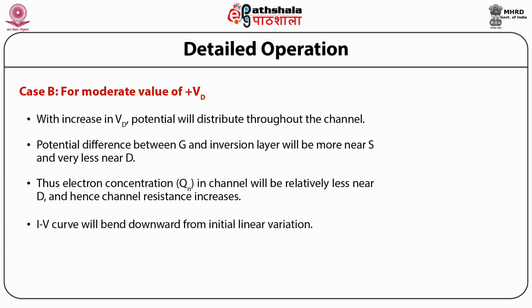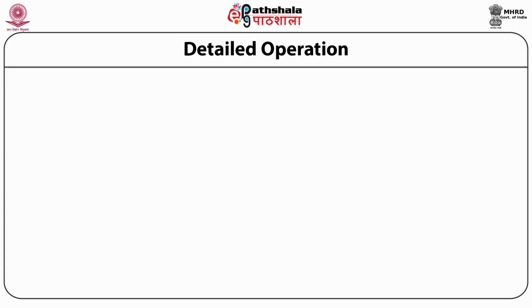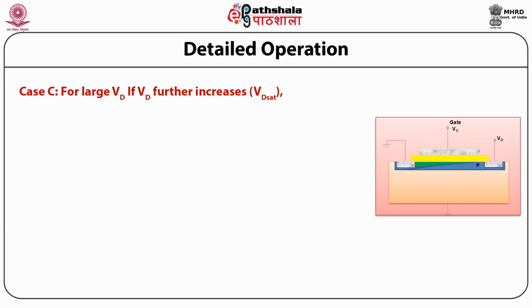Therefore, the IV curve will bend downward from the initial linear variation, and this region is shown as the saturation region in this figure. Let us now discuss the next case, that is for large VD.